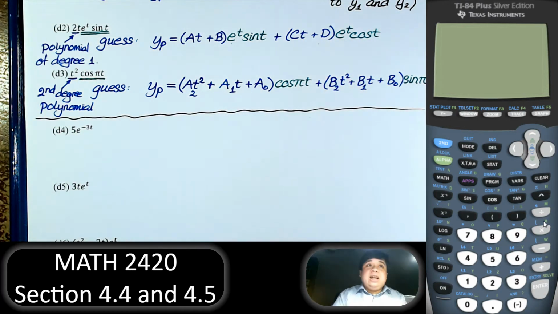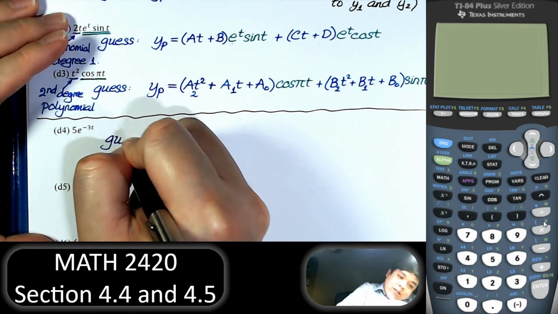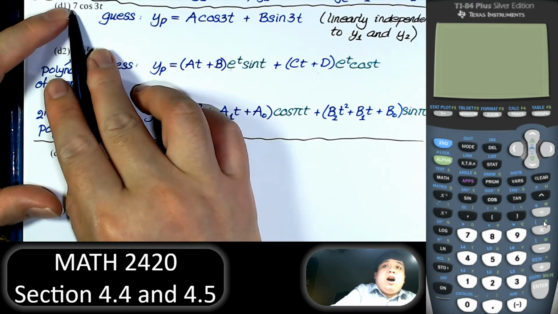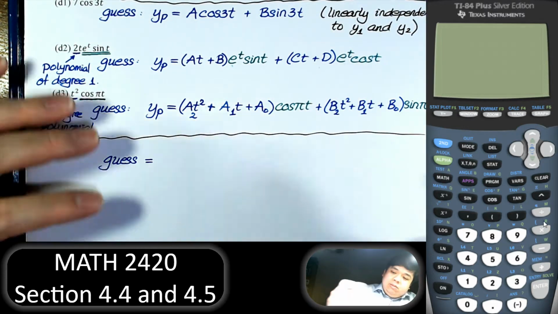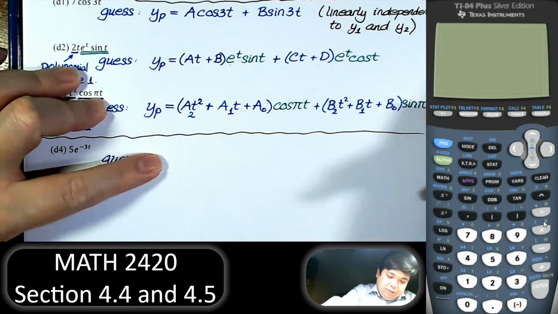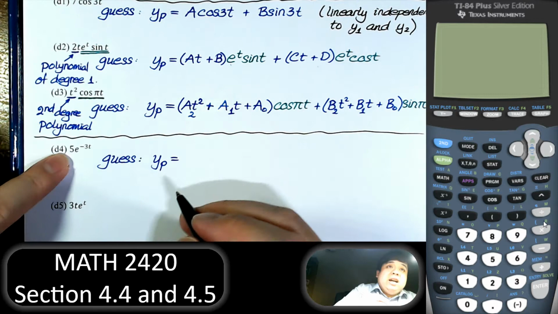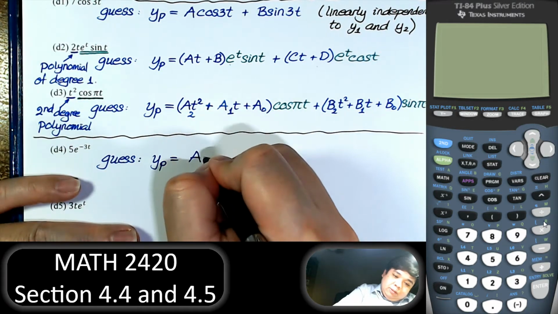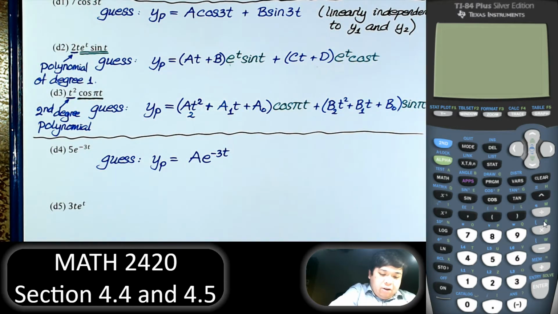Now, let's guess 5e to negative 3t. So the guess would be... By the way, the reason we don't have anything here is because 7 is a constant. So we just need to have a constant in front of it. So here the guess, it's a constant. So it's just going to be a constant. Simple enough. Right.